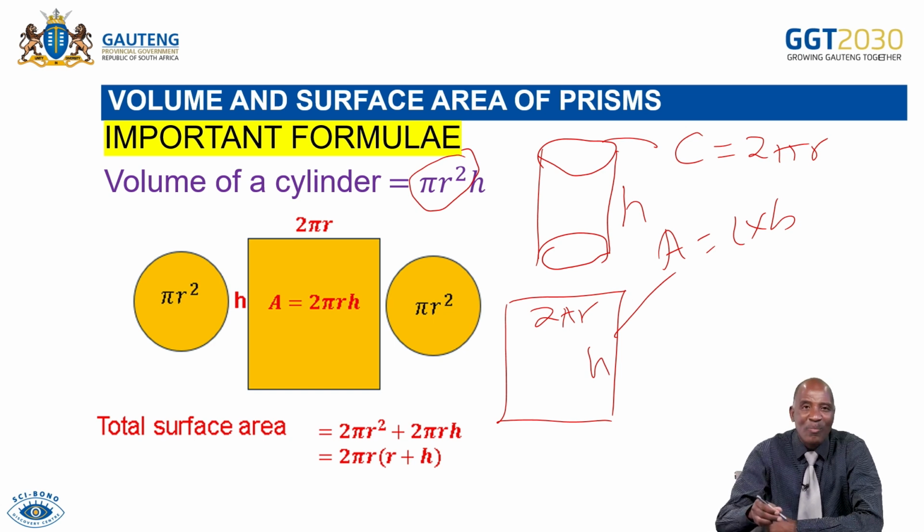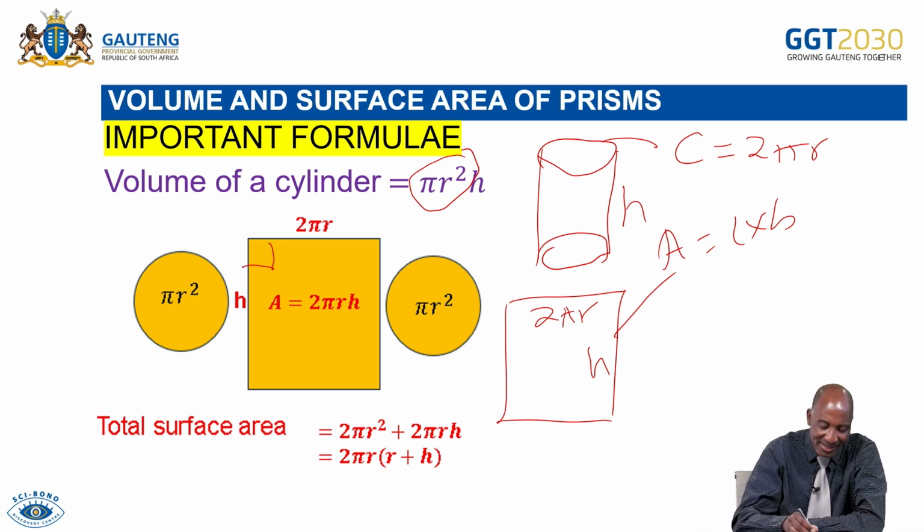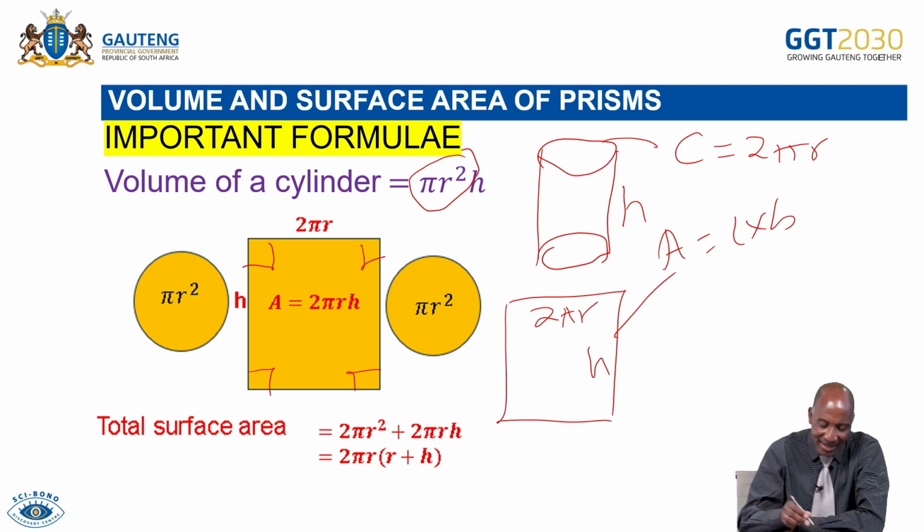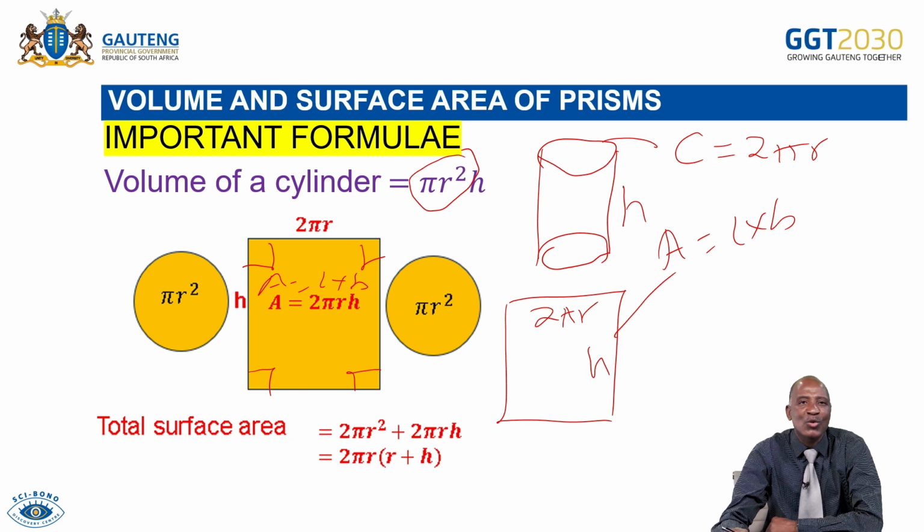I'm going to say 2 pi r is my length, then my breadth is h. So you're basically multiplying those 2 dimensions because the shape has become a rectangle. Dimensions are not the same. It's a rectangle, so area A equals length times breadth. Then you replace, and you'll get 2 pi rh. That 2 pi rh is already the formula for the curved surface part of our cylinder.